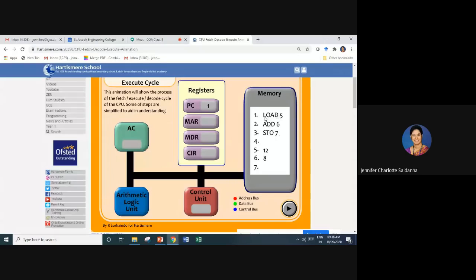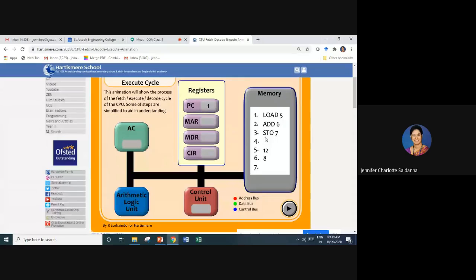So in locations 1, 2, 3 you have instructions stored, and at locations 5 and 6 you have data, or the operands. Understood? In the same memory we have both instructions as well as operands.